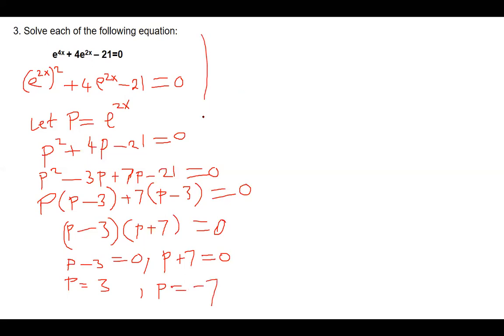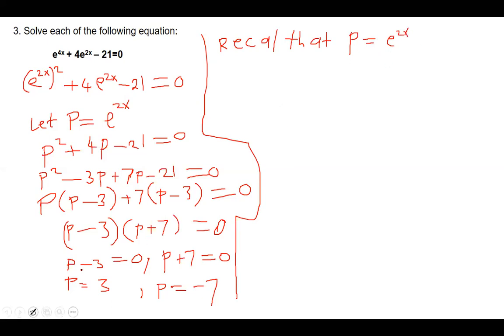So what is now going to happen here is we recall that p is equal to e raised to power 2x. So meaning we can replace where there is p, we put e to the power 2x. So we first take p is equal to negative 7.